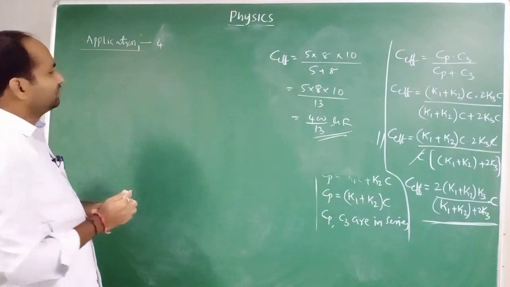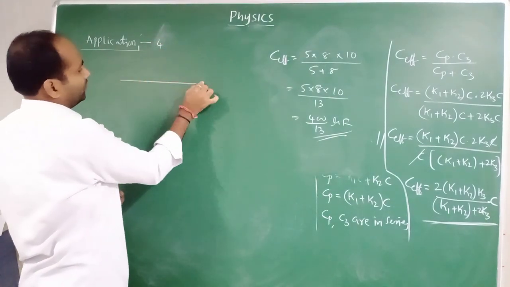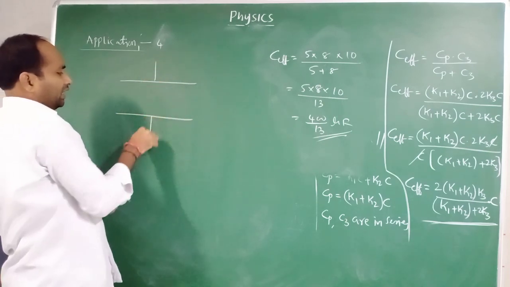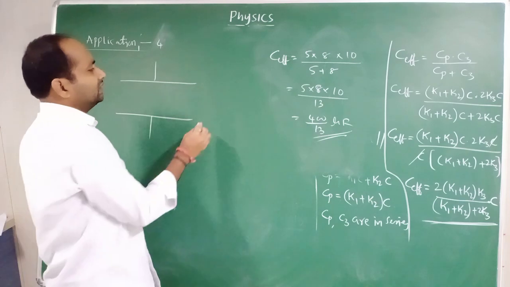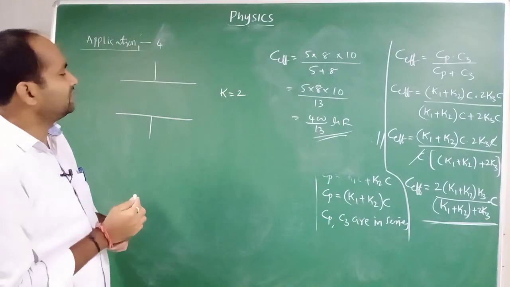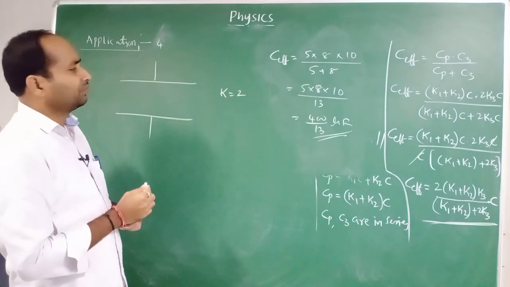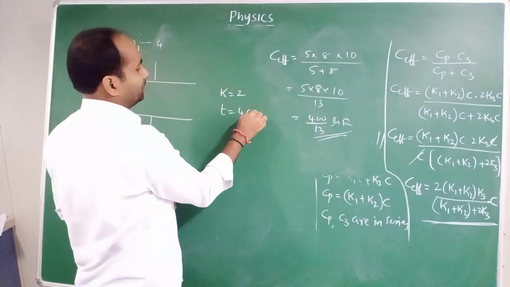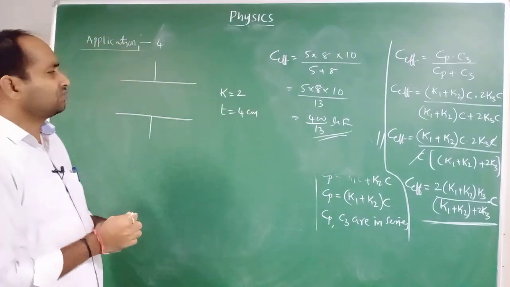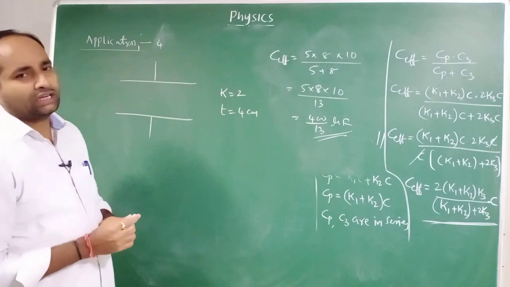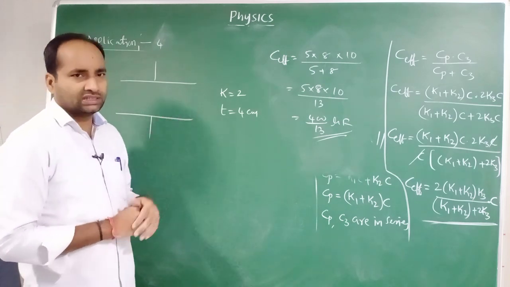They given it like this. For example, by introducing a dielectric slab of constant K is equal to 2 and thickness T is equal to 4 centimeter, the capacitance of the capacitor is increased.